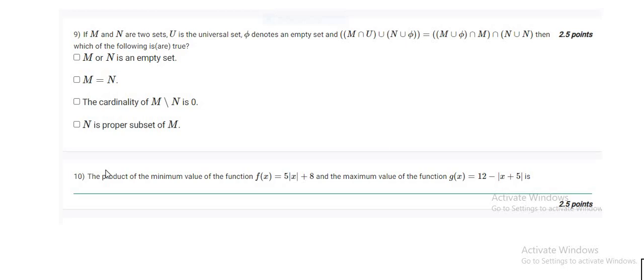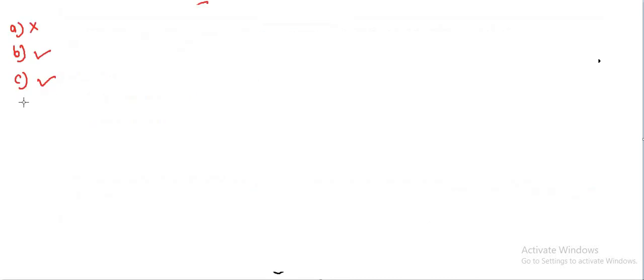That's why they are subsets. So m is a proper subset of n will not be true. Why? Because according to this statement, there would exist some element in n which would not be in m. That's why this option D is incorrect. Hence the correct options are B and C.